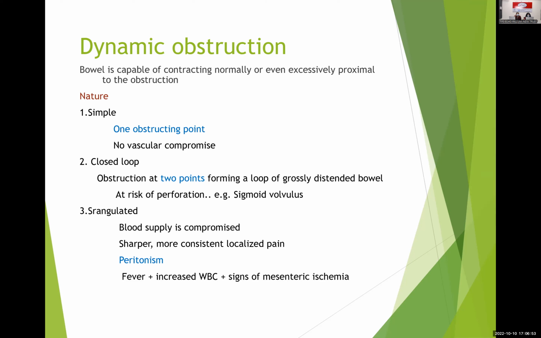When there is obstruction and there is excessive contraction proximal to the obstruction, what can you see when you see the patient? On inspection, what can you see when there is obstruction? These peristaltic movements. Yes, excellent. You can see the visible peristalsis happening there.